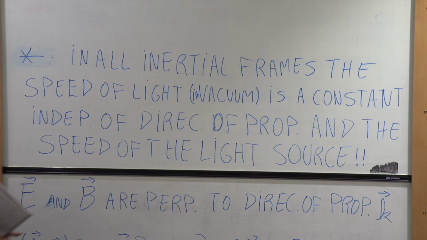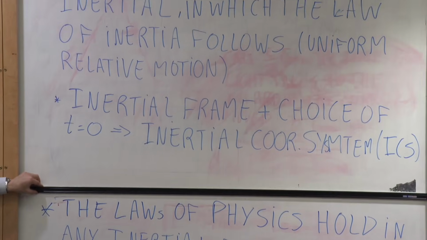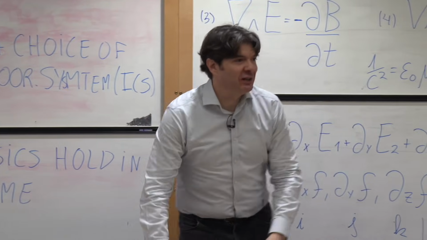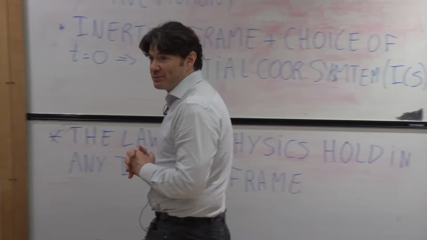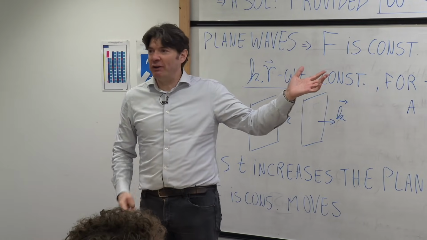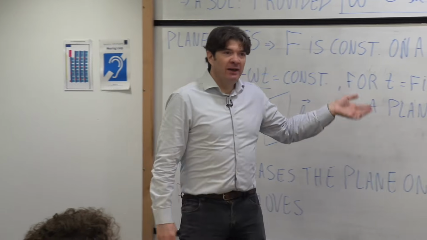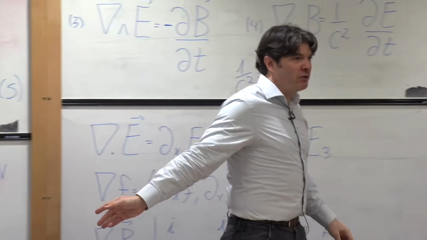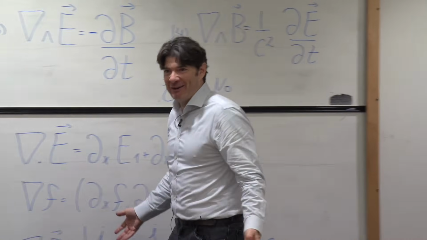Okay? Based on these four postulates, he created this special theory of relativity that completely changed our conception of space and time. Okay? Notice that we have to give up a lot of things. We are giving up Galilean transformations and addition of velocities. We are giving up conservation of mass. Okay? So mass is not conserved anymore.